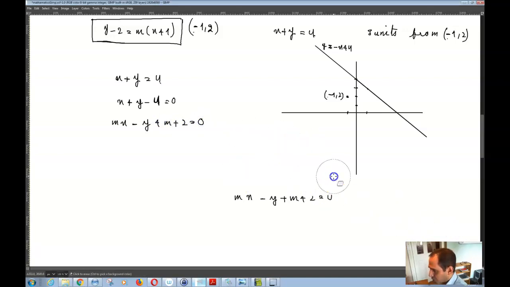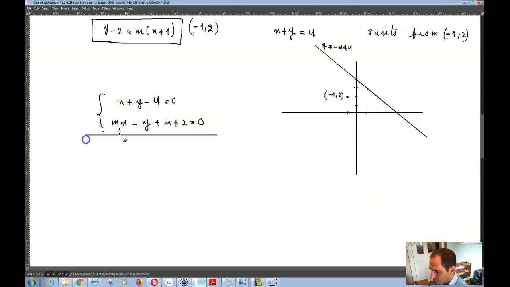Now we have a system of equations in two variables, x and y, and we can solve them. If I add these two equations together, I will get x plus mx minus 4 plus m plus 2 is equal to 0.